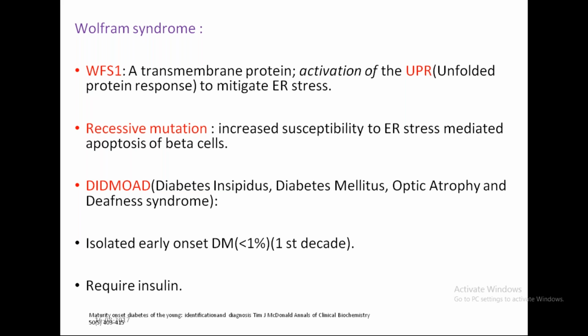In Wolfram syndrome, you can remember the features by the mnemonic DIDMOAD: diabetes insipidus, diabetes mellitus, optic atrophy, and deafness. It is associated with early onset diabetes and requires insulin.